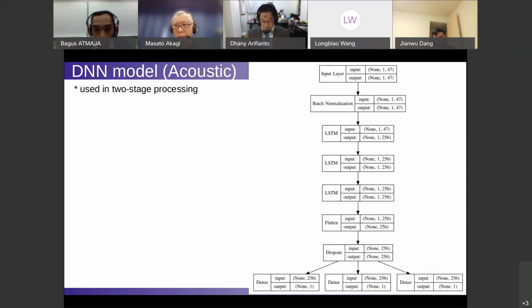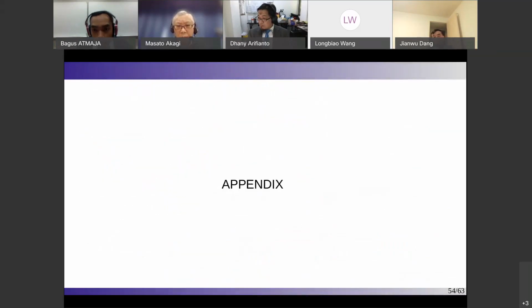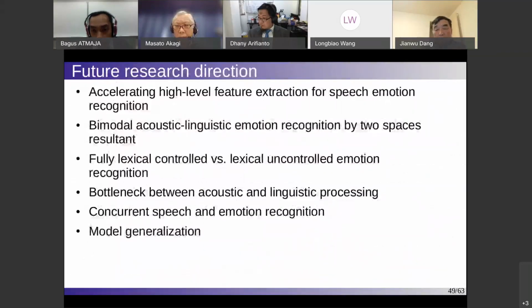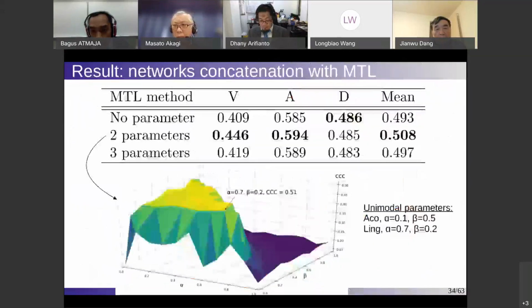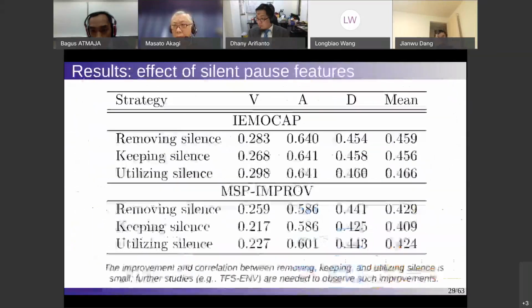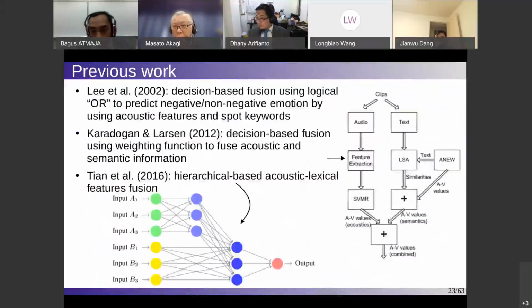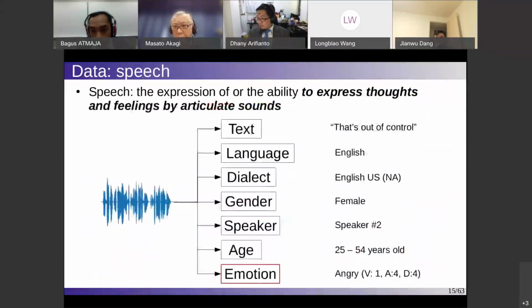Can I show my slide? The kind of acoustic and textual feature used in that research is like this one.